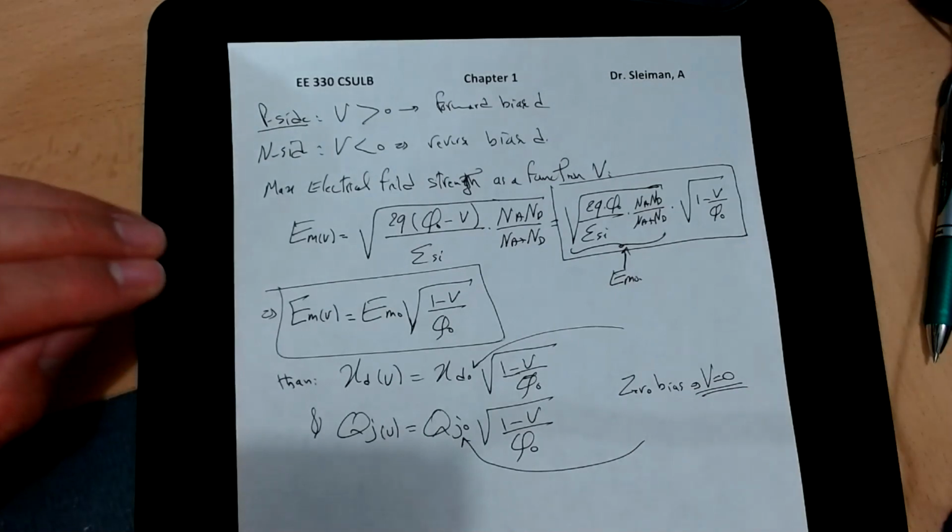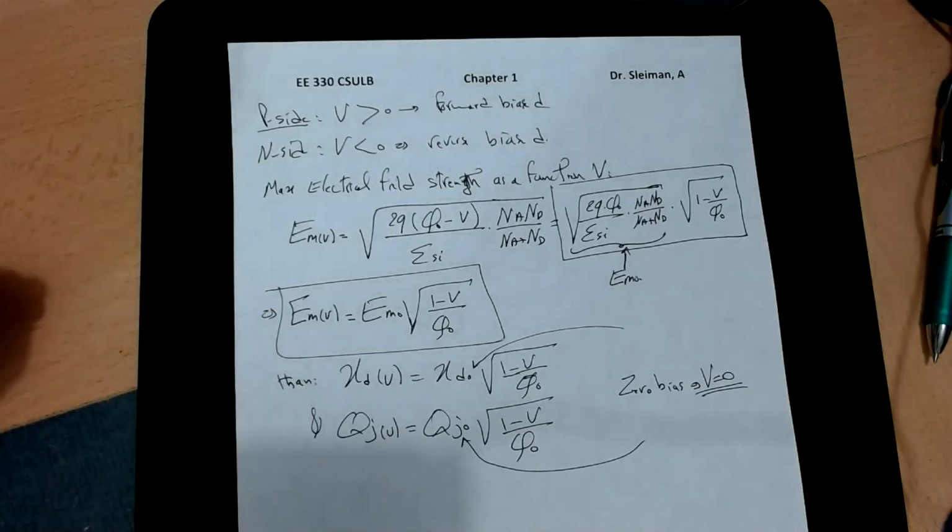So let's solve a problem from the book. 1.33, it deals with the p-n junction equilibrium.